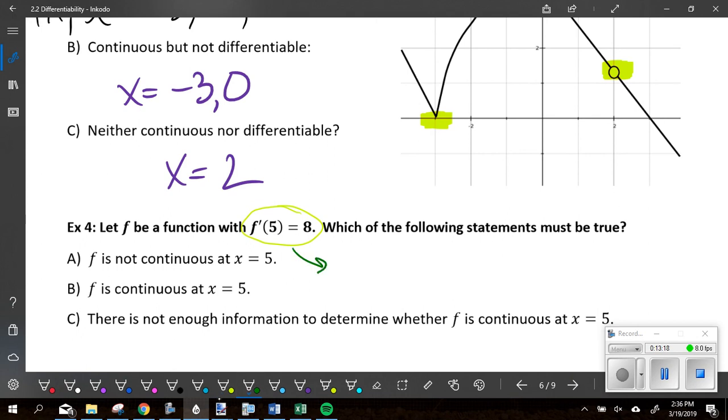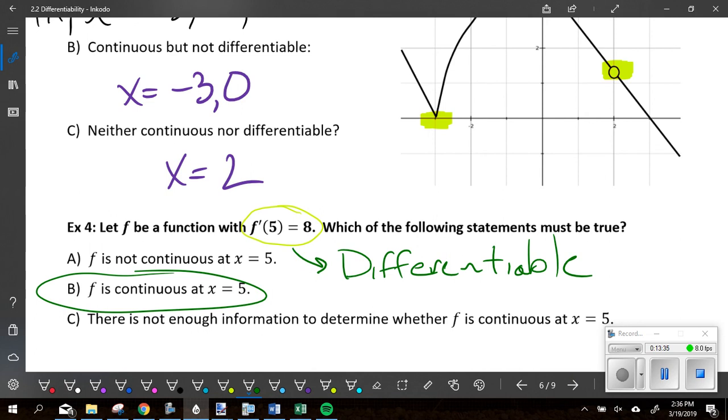Or in other words, is that thing differentiable at 5? Yes, it is differentiable because it's telling you what the derivative is. It's differentiable. So if I'm telling you something is differentiable, is it continuous? Yeah, done. If you're differentiable, it's guaranteed that it's continuous. We know that for a fact. Go to the next one.